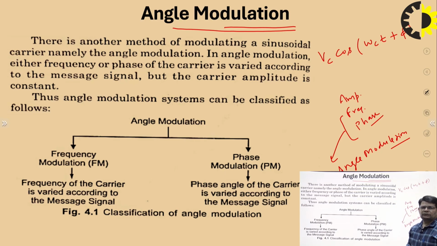Since omega is 2 pi fc, when we vary the frequency, this term is changed in frequency modulation, and when we vary the phase, denoted as theta, this theta is varied along the carrier according to the message signal.